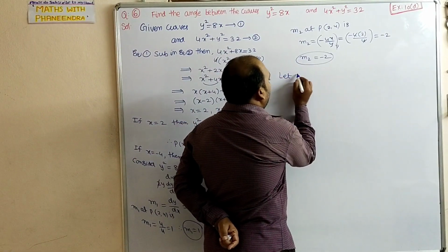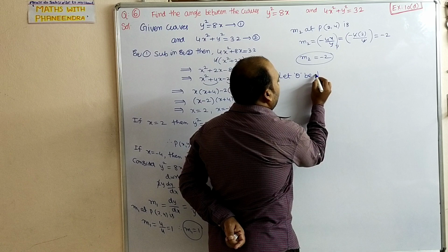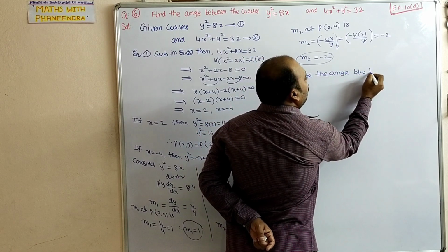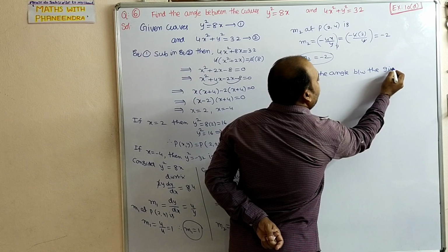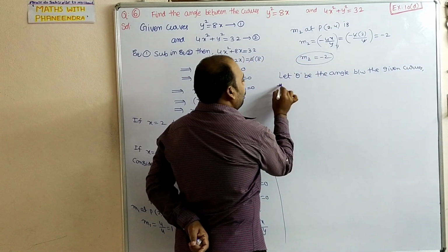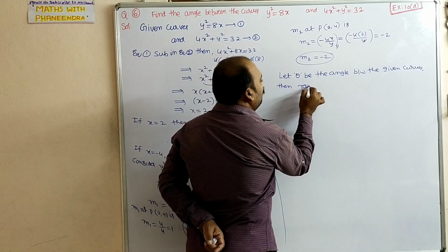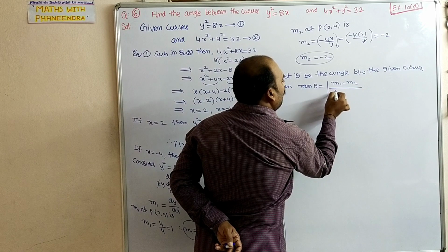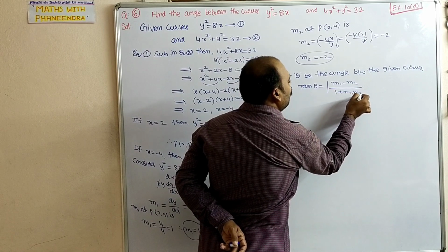Let theta be the angle between the given curves. Then tan theta equal to mod of m1 minus m2 divided by 1 plus m1 m2. m1 value is 1 and m2 value is minus 2.